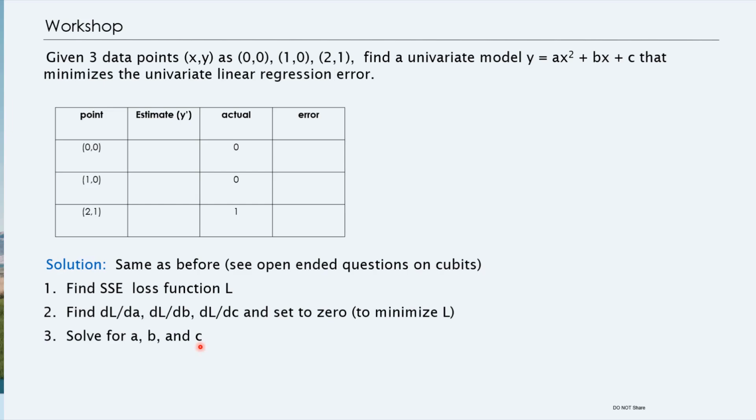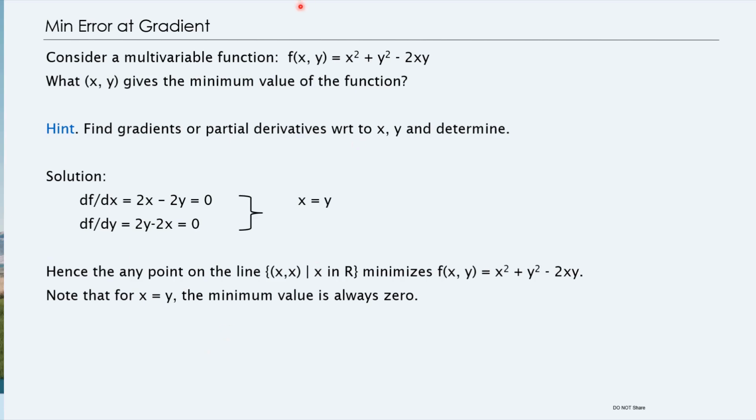As another example, let's dive into the model f(x, y) equals x squared plus y squared minus 2xy, and find its minimum value. To locate the minimum, we'll set the partial derivatives with respect to x and y to 0. Solving these equations, we find that x equals y minimizes the function. So any point along the line x equals y, for any real number x, gives us the minimum value.